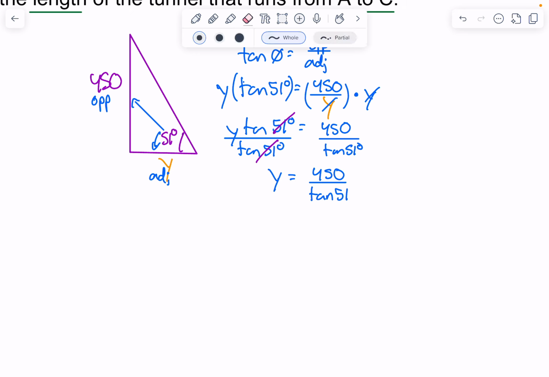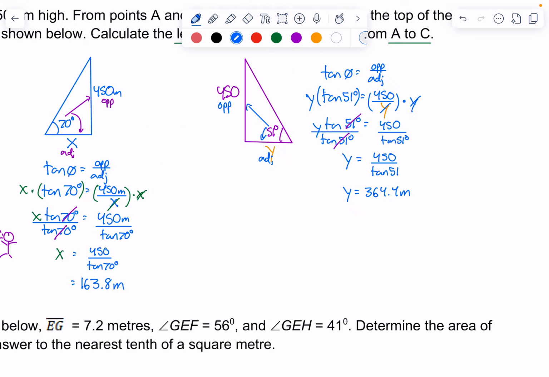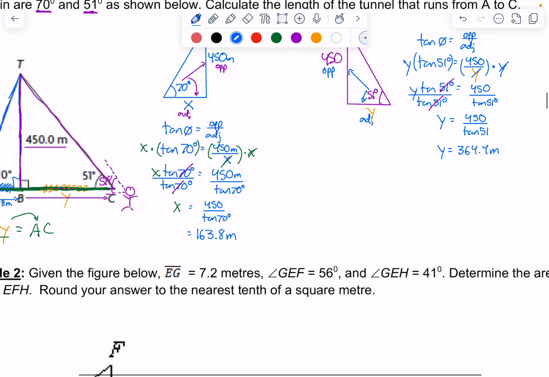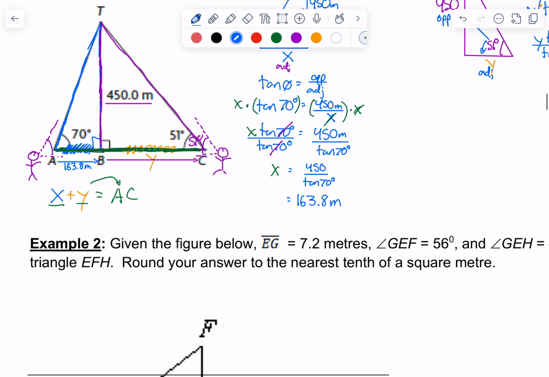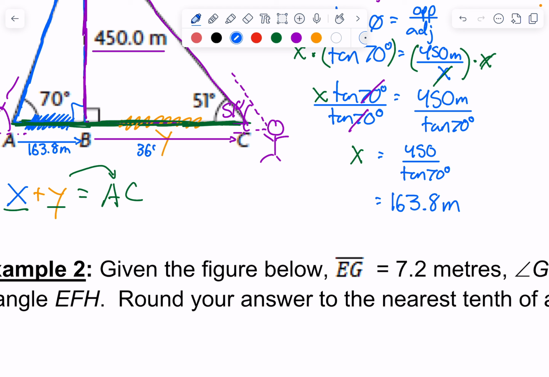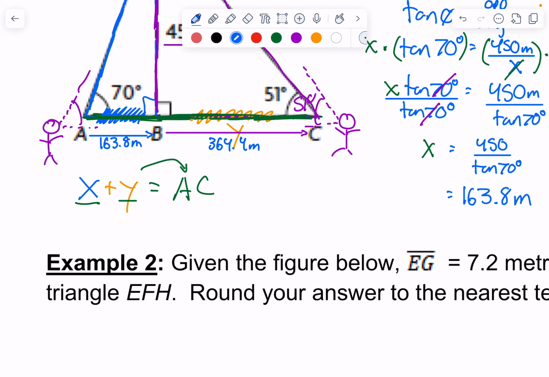And use your calculator, so 450 divided by tan 51, you get y is equal to 364.4 meters. All right, so you found this distance right here to be 364.4 meters.